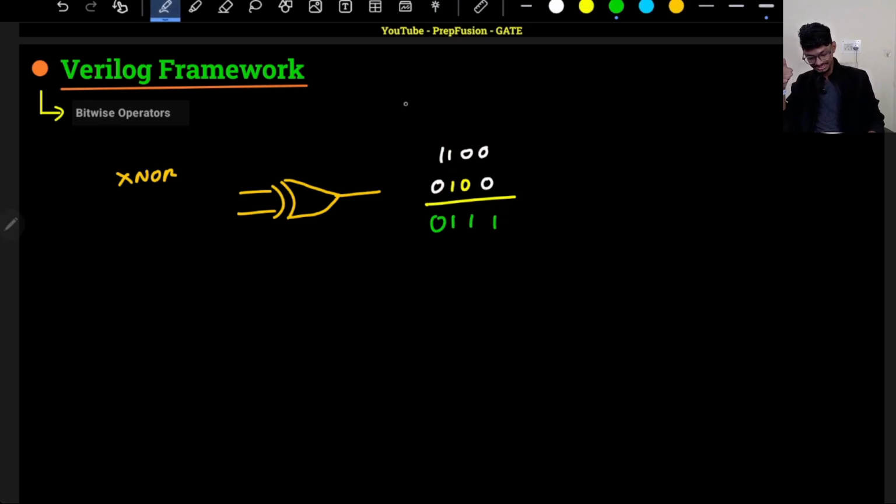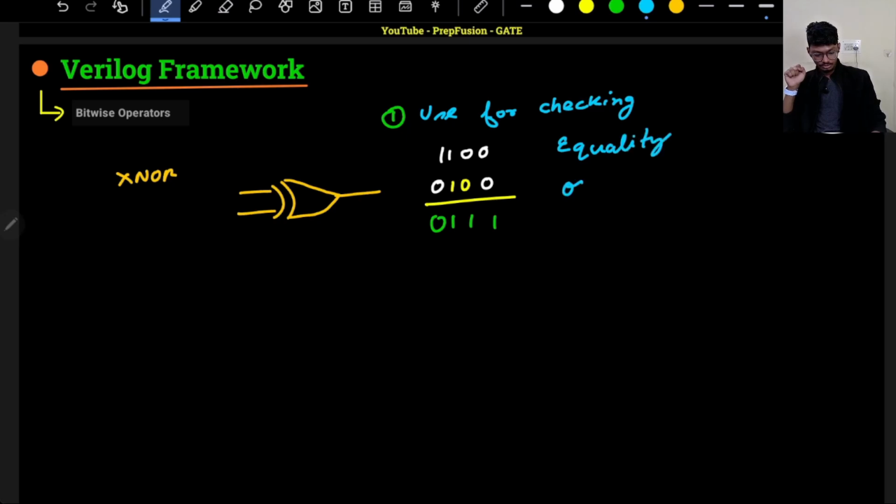So this is used for checking equality of certain bits. That is what XNOR is used for. I hope you have understood this thing.